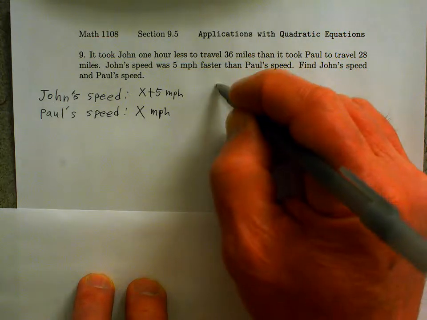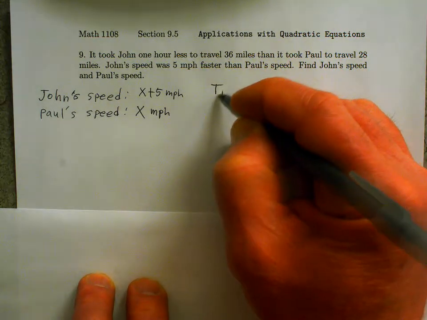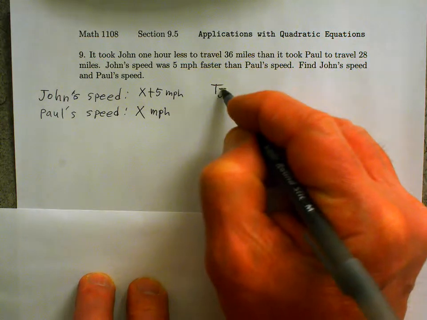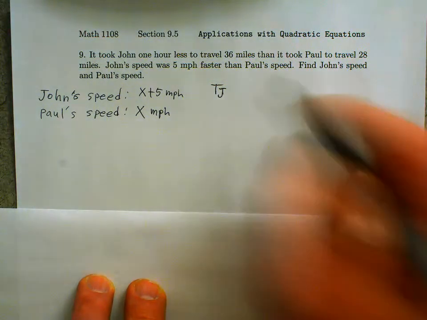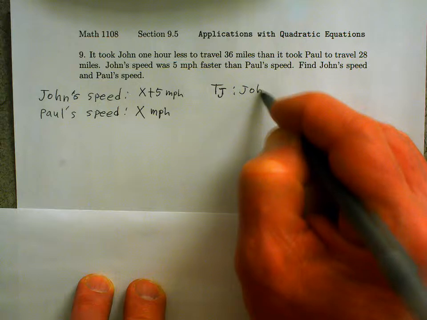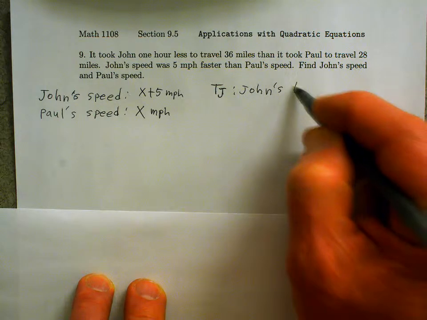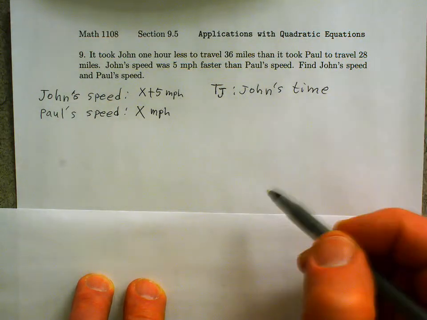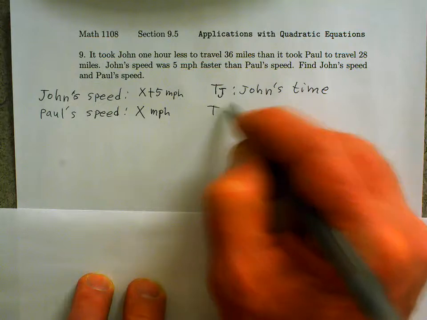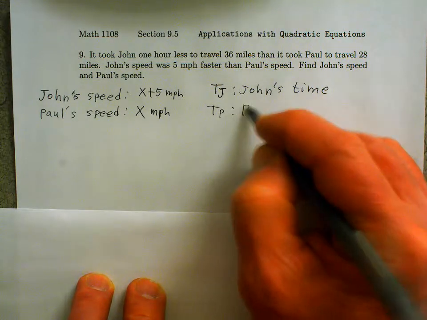So let's pick T sub j for John's time and T sub p for Paul's time.